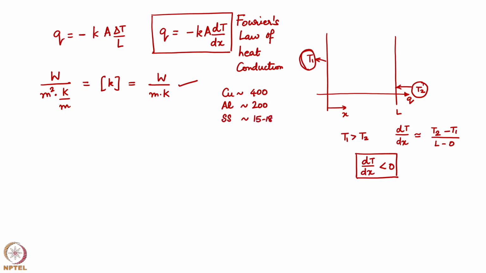These are the typical values of thermal conductivity, watt per meter Kelvin. And wood, or insulating materials like glass wool, are all typically poor thermal conductivity materials. Sorry, I should say low values of K, therefore insulators.